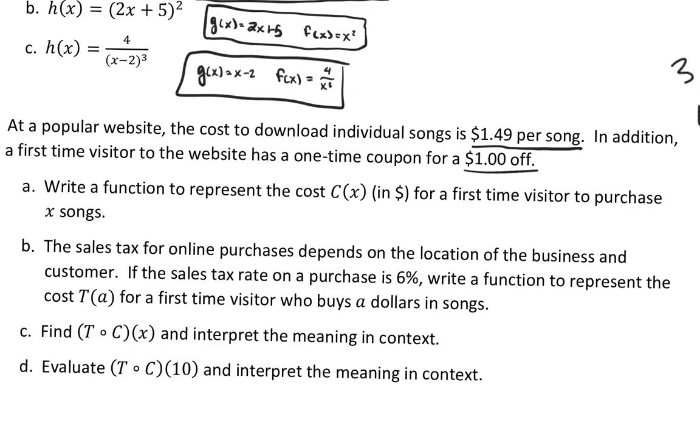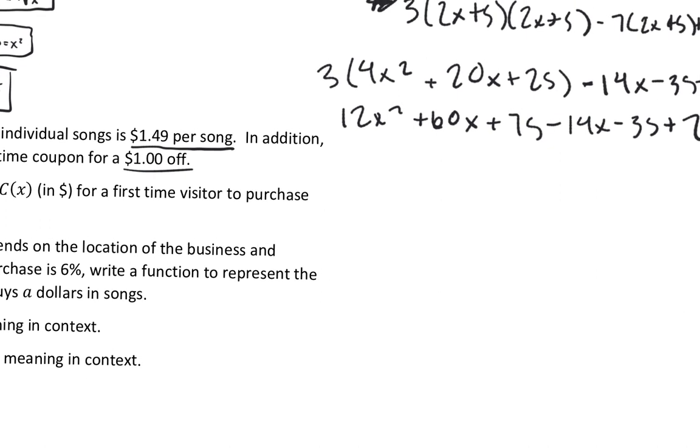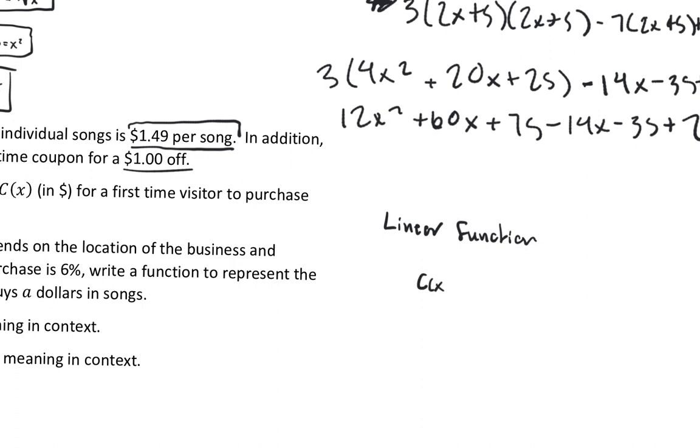So based on what we're given, I would say it's pretty rational to assume that this is going to be a linear function, right? Because we're given that the cost is $1.49 per song, so that would be like our slope. So I'm going to write C of x equals 1.49x.